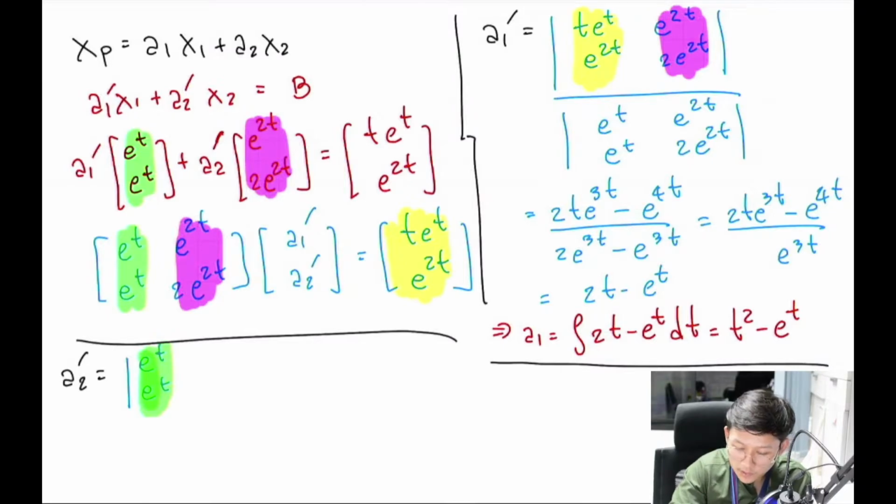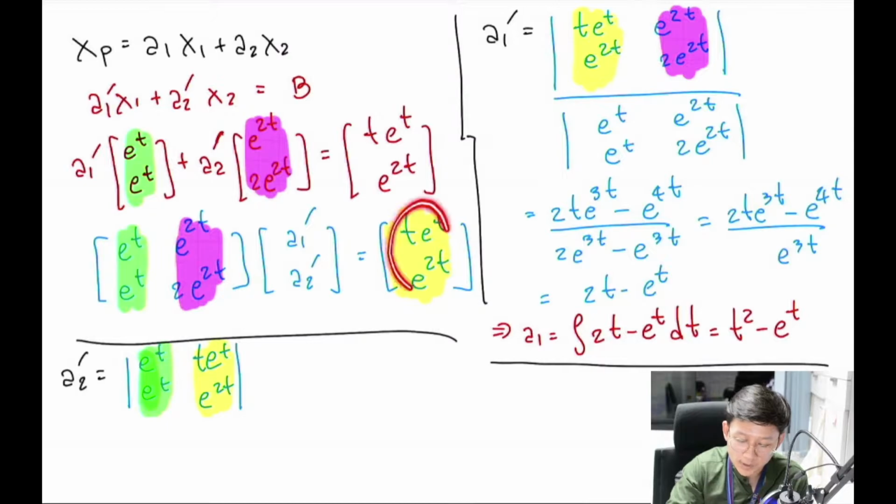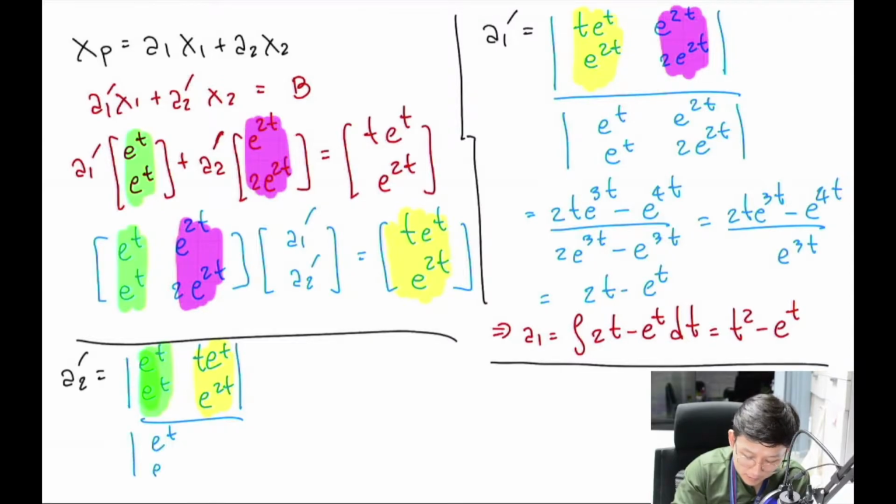Then you replace the yellow column into the second column, so you get t e to the t, e to the 2t, and then I divide this by the same guy, right?